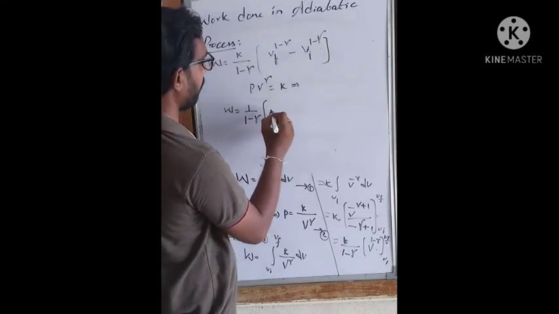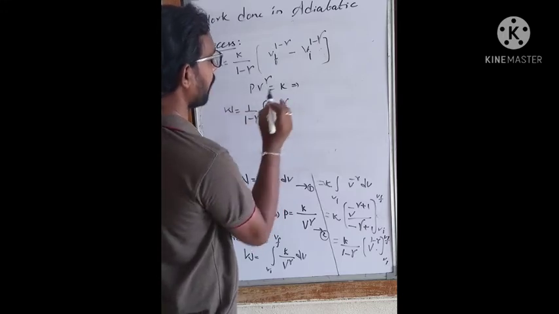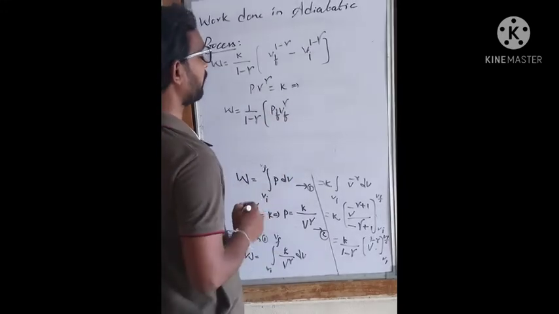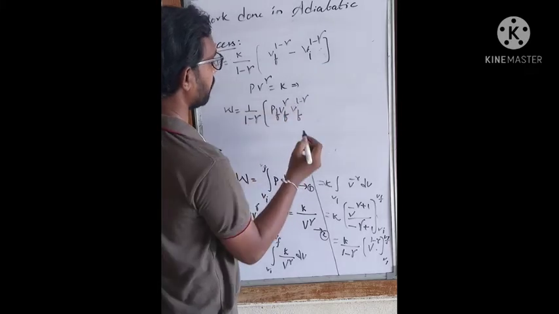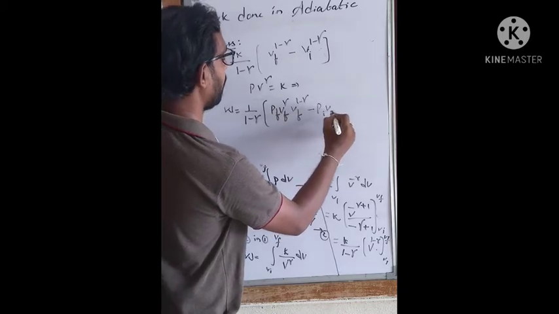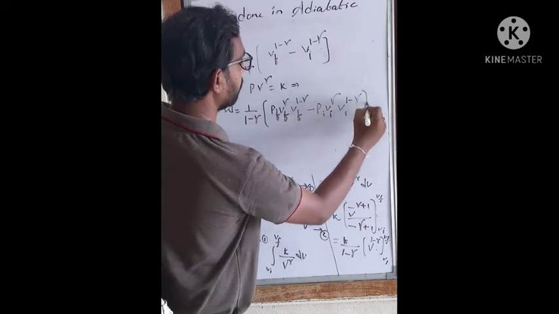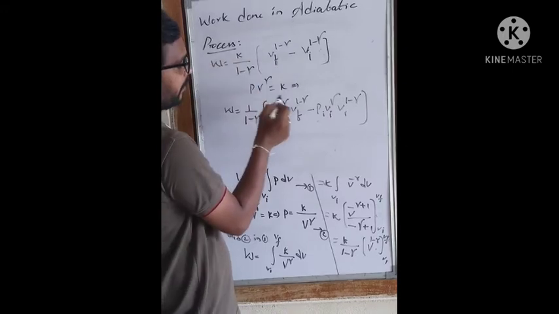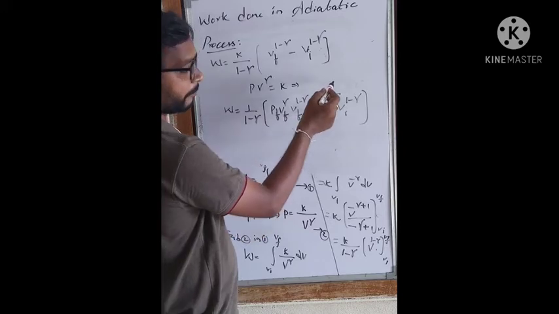Substituting the K value there, we get Pf Vf to the power gamma for the final volume and final pressure, into Vf to the power of 1 minus gamma, minus Pi Vi to the power of gamma into Vi to the power of 1 minus gamma. Right? Instead of K, let us multiply K inside and substitute these values: Pf Vf to the power gamma and Pi Vi to the power of gamma.